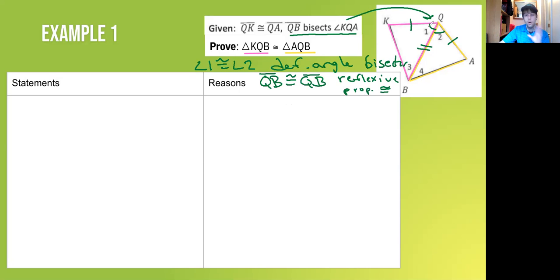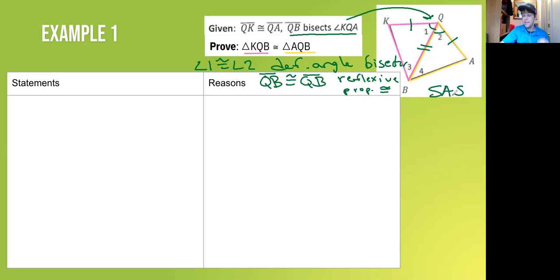Now, with all of those markings, do I have enough to say that these two triangles are congruent? Can I use SSS? Can I use SAS? Can I use whatever? In this case, yes. We have one pair of congruent sides, another pair of congruent sides that's shared, and a congruent angle in between. So this is going to be SAS. Let's do that again.